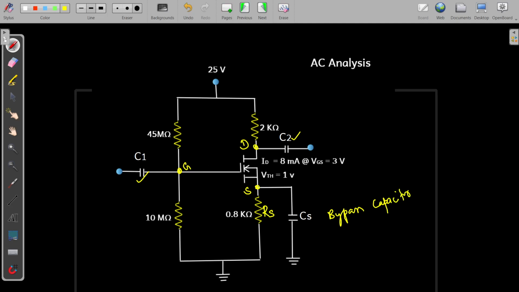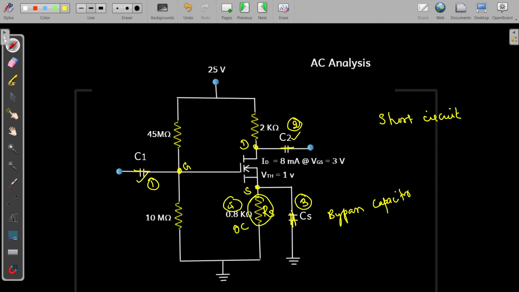And during AC analysis, these capacitors will be acting as a short circuit, so that we can replace all these three capacitors with the short circuit like this. So here we do this modification, and here also we do this modification, second place, and in the third place we do this. Because of this short circuit, this RS would become an open circuit.